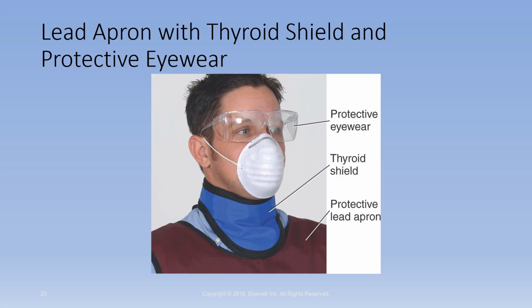Meaning, if you are able to double how far away you're standing, you will reduce your radiation intensity to 1/4 of the value that it was. And that is pretty significant. So standing behind the radiologist or just taking one giant step backwards is extremely helpful to lower your radiation dose.